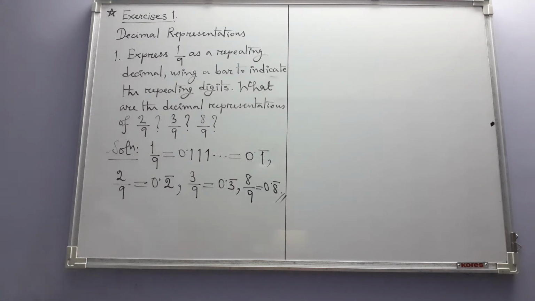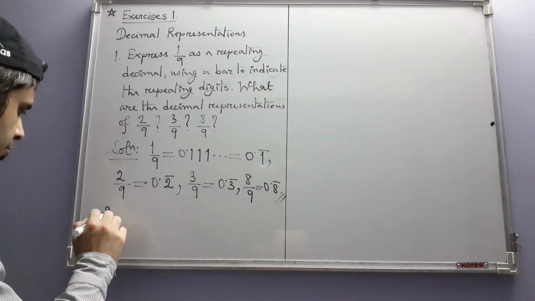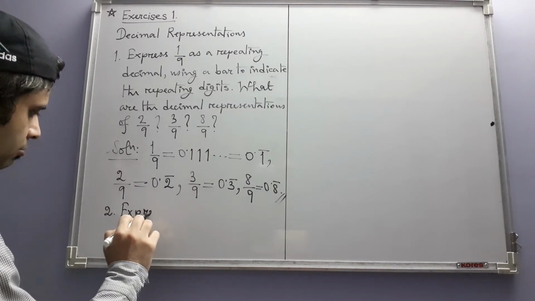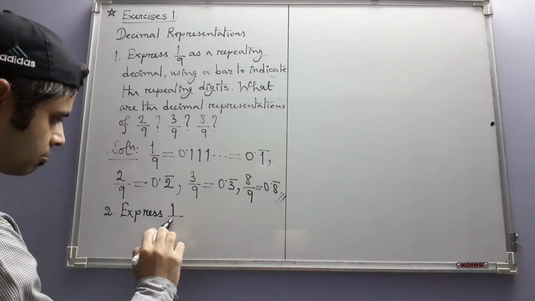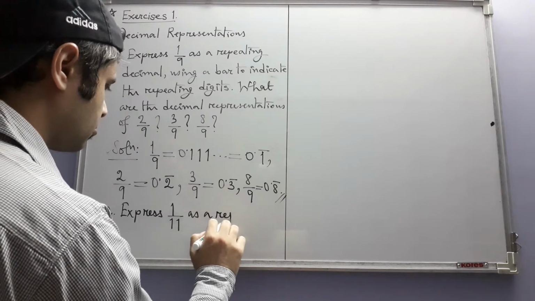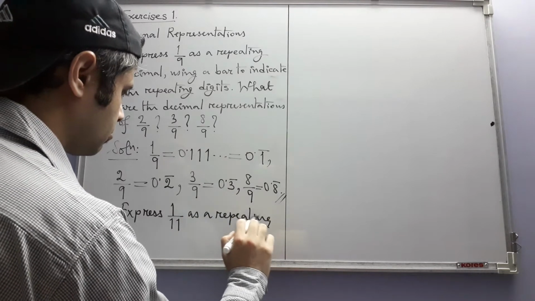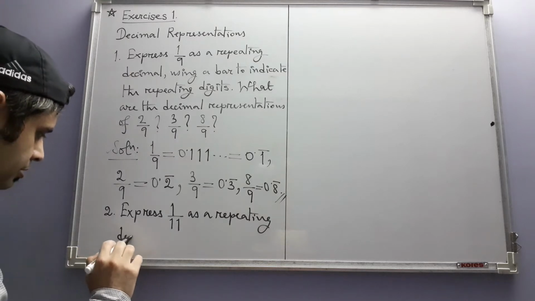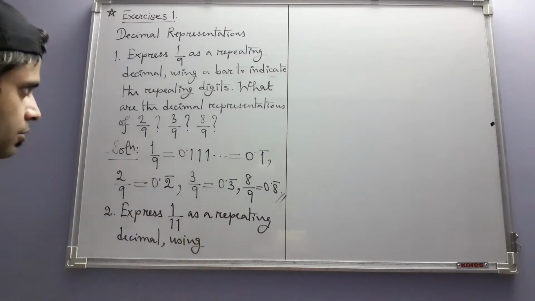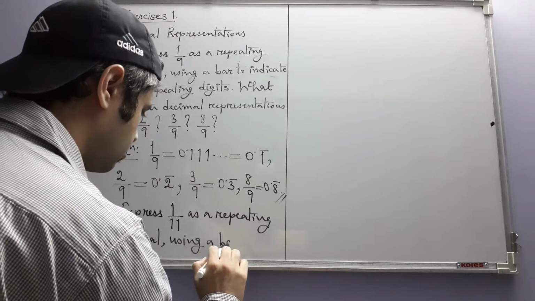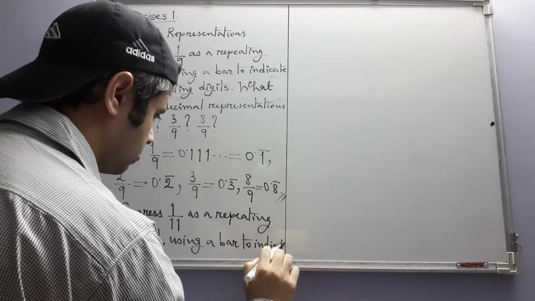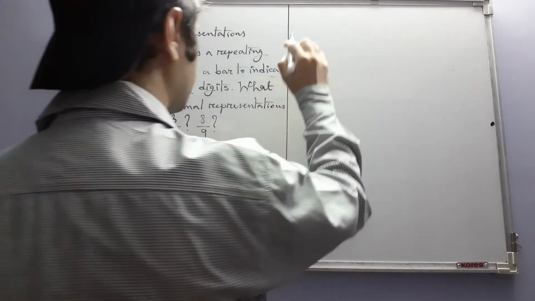Like that, there is another one which is similar. Express one divided by 11 as a repeating decimal using a bar to indicate the repeating digits.